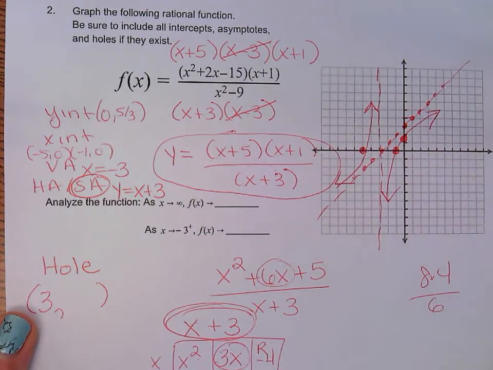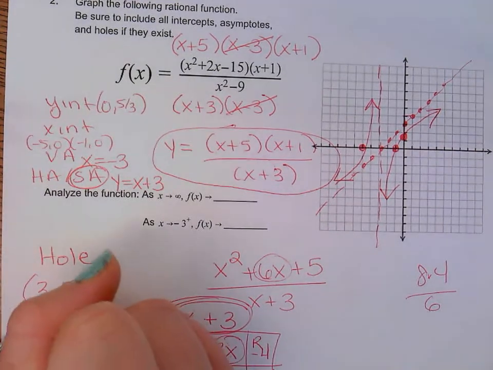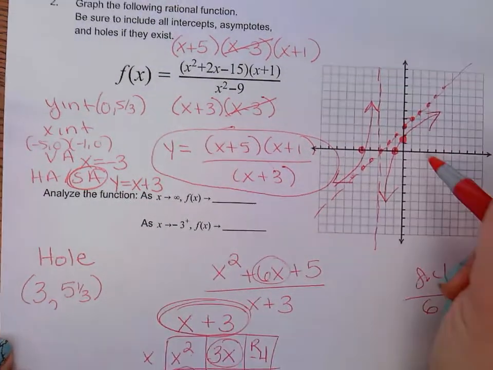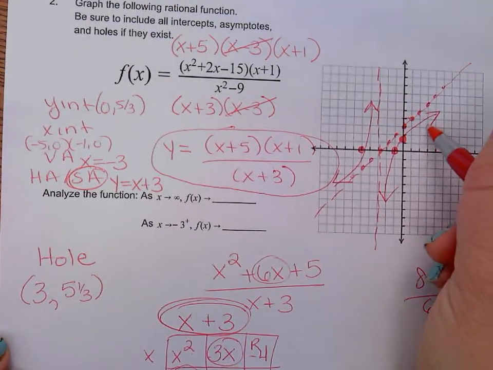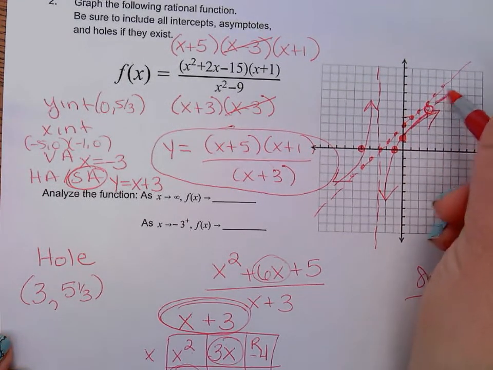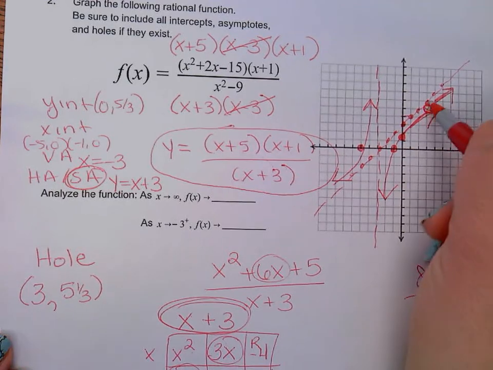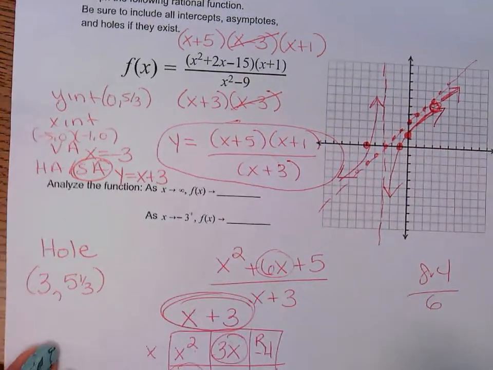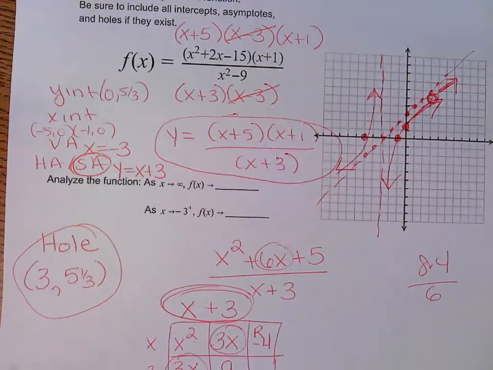So what is 32 over 6? 32 over 6 is 5 1/3. So my graph should go pretty close to 3 comma 1, 2, 3, 4, 5 1/3 is right there. There's my hole in the graph at 3 comma 5 1/3.